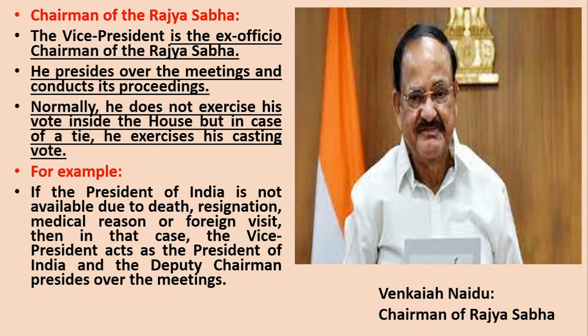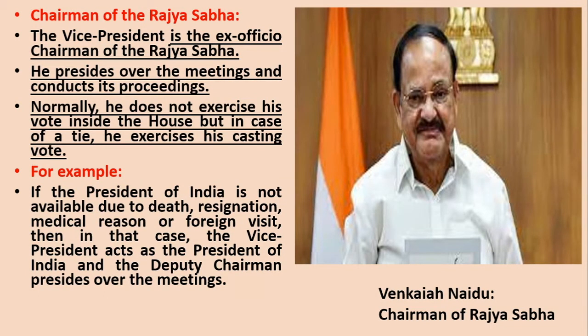Okay. Now, an example: if the President of India is not available due to death, resignation, medical reason, or foreign visit, then in that case, the Vice President acts as the President of India and the Deputy Chairman presides over the meetings. Yes, this can happen that suppose due to any reason the president is not available on his seat, then who will work as the president of India?